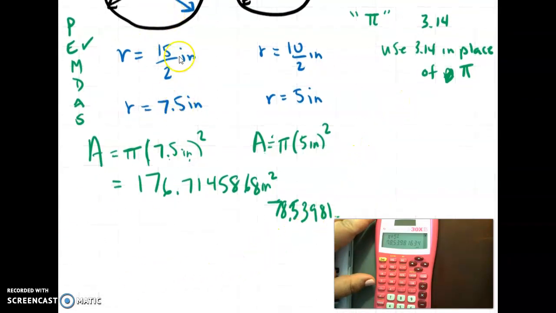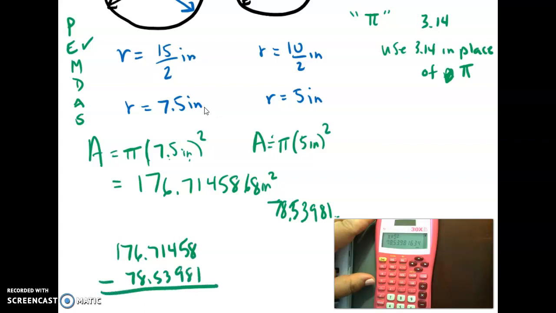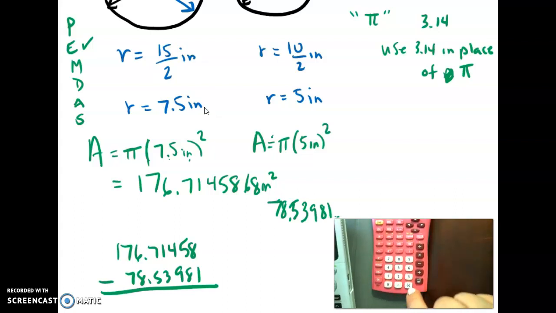So now let me give myself a little bit more room because I want to find how much more area is in that larger pizza. So I have to subtract these two numbers. Now I can do this on my calculator. Since I have this as my previous answer, I can type in 176.7145868, and then hit minus, and then you'll notice on most calculators you will see ANS.